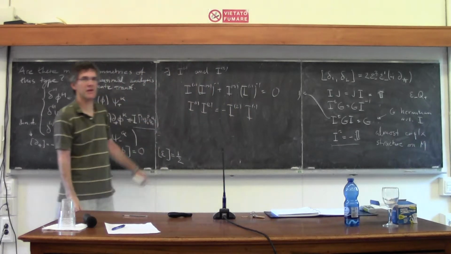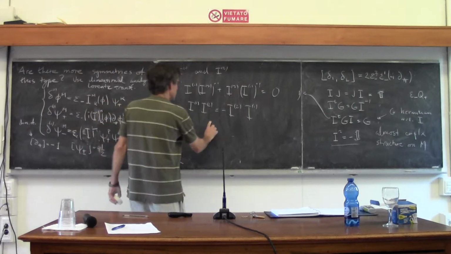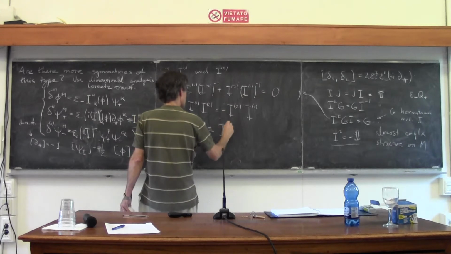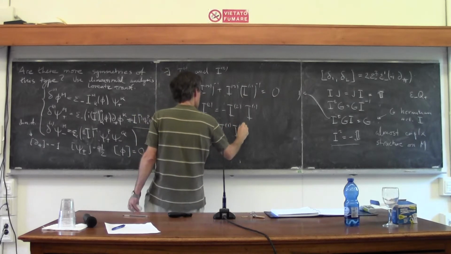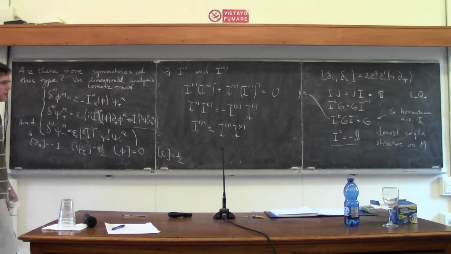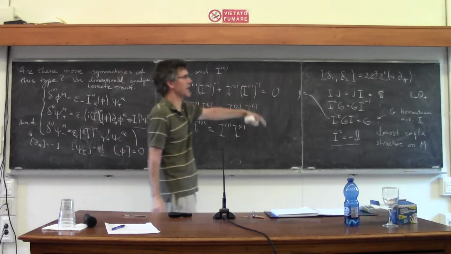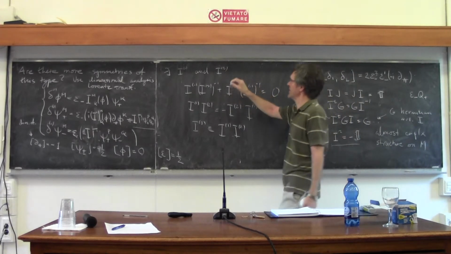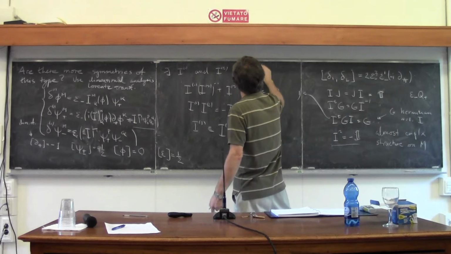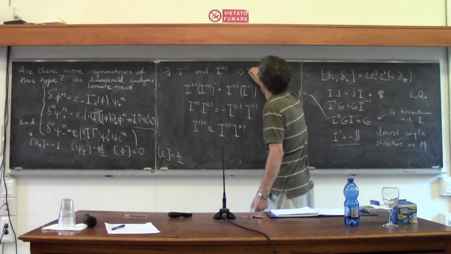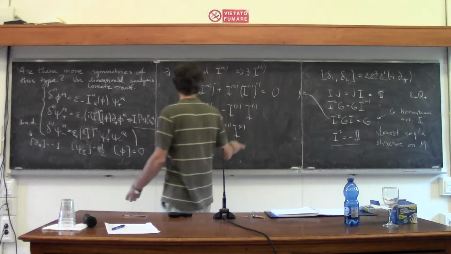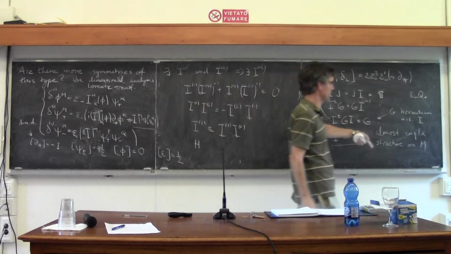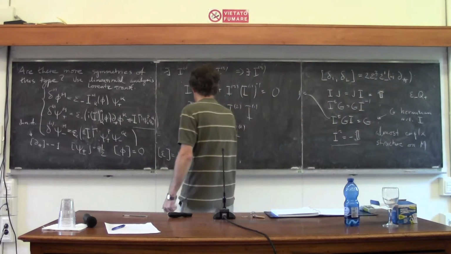So they're both complex structures and they anti-commute. Well, that means that you can construct a third complex structure satisfying exactly the same conditions. So if you assume one extra supersymmetry, you automatically get two. And if you analyze all the conditions together, you will find that the geometrical requirement on M is that it should be hyperkähler.